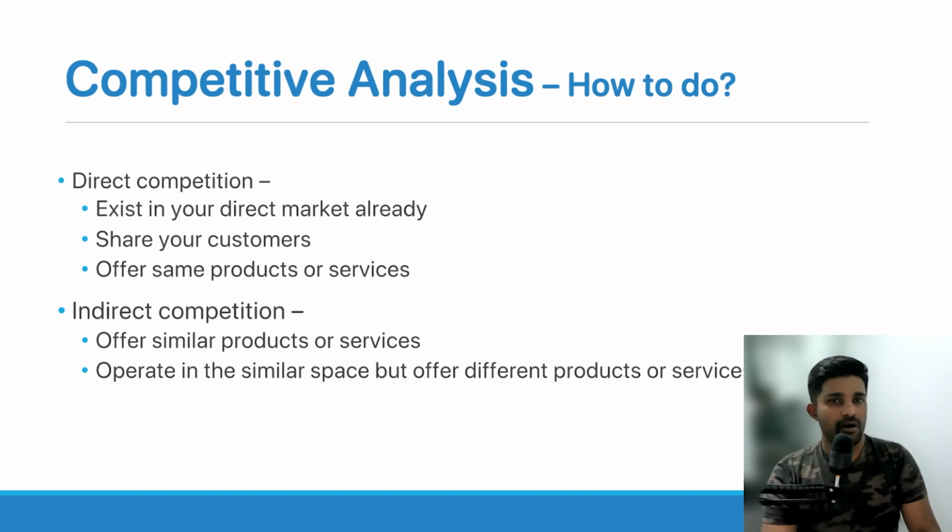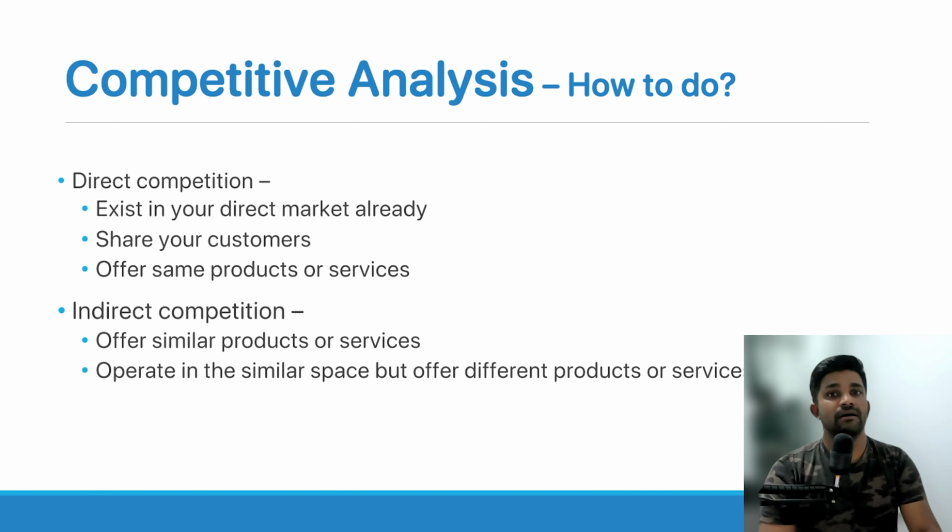How should you be doing competitive analysis? I think we can break this down into two steps. First, if you have a product or an idea, what are some of the direct competitors? By direct competitors, I mean any competition that actually offers the same product or same service in your industry.